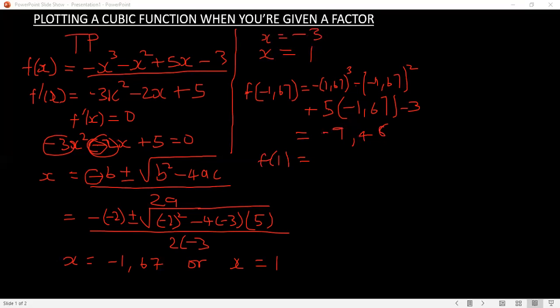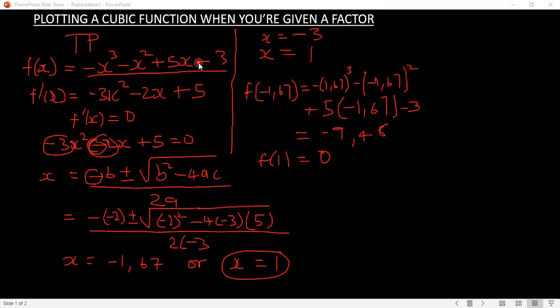So now let's determine f of 1. What is f of 1? We know that f of 1 is 0. We don't have to do that again. When you take the x value of 1 and substitute here, you're going to get 0.